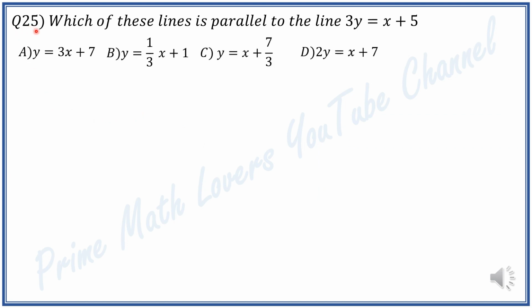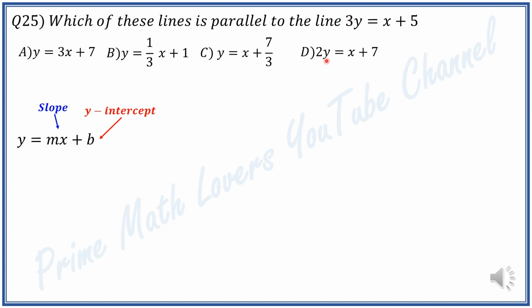Question 25. Which of these lines is parallel to the line 3y is equal to x plus 5? For solving this problem, first we need to convert the line equations into the slope-intercept form, which is y is equal to mx plus b. m is the slope, and b is the y-intercept.